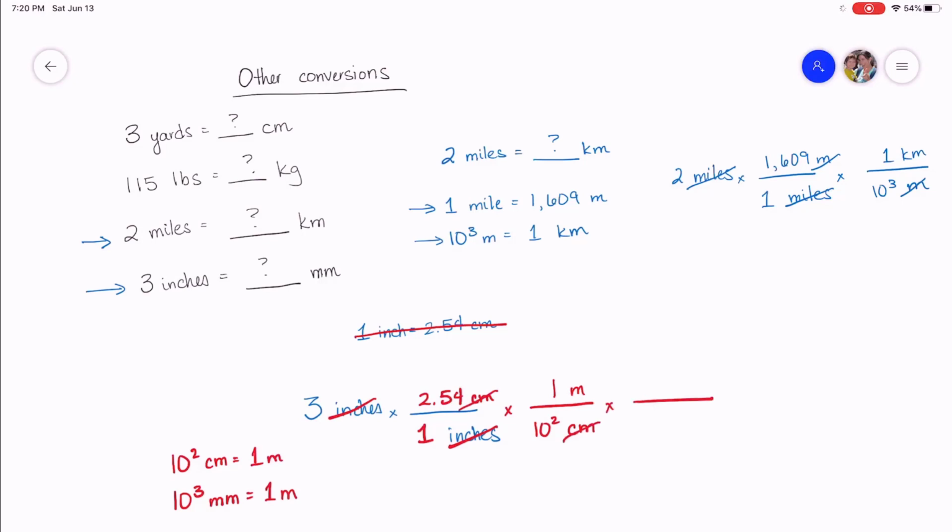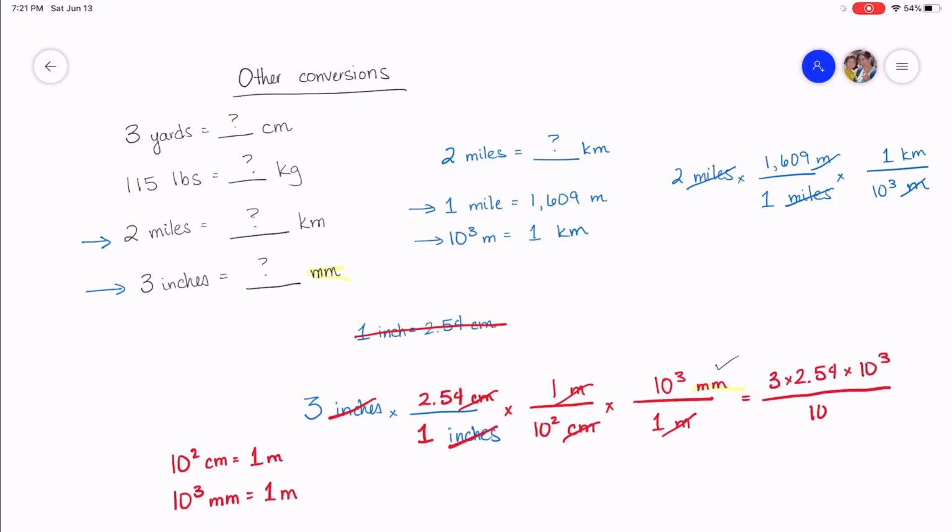I'm going to do another multiplication sign, a line, and now I'm going to be putting 1 meter on the bottom and 10 to the third millimeters on top. Meters are going to cancel out, and I am at millimeters, which is exactly where I want to be. So now all I need to do is multiply everything across on the top and the bottom and solve for the answer.